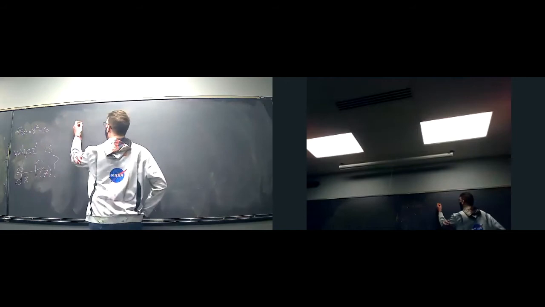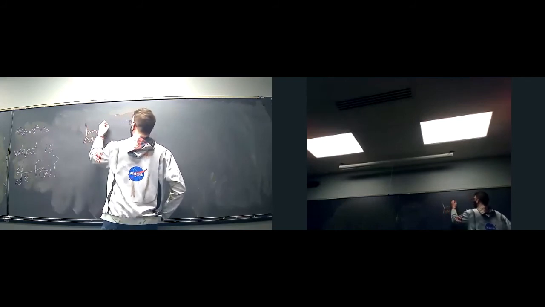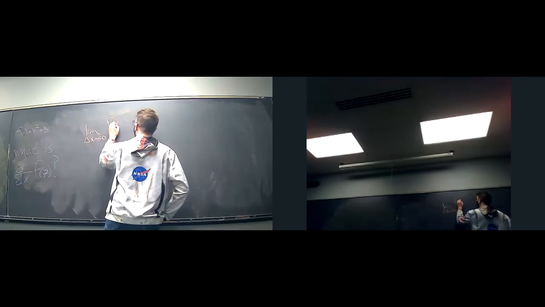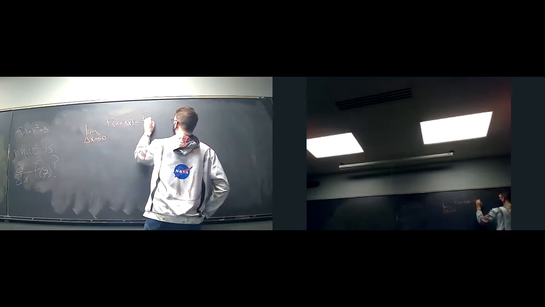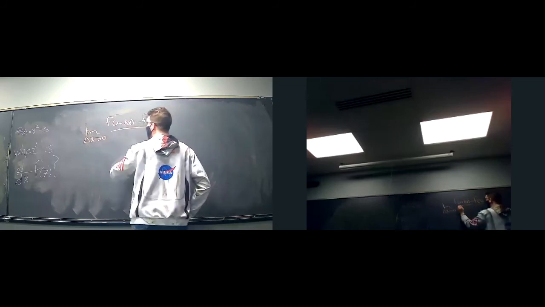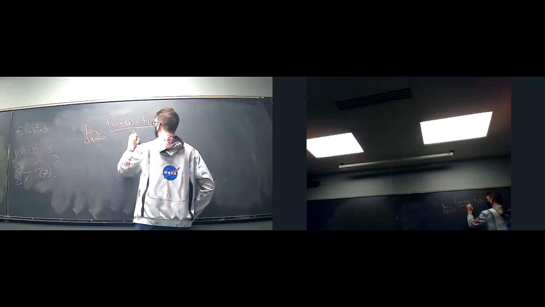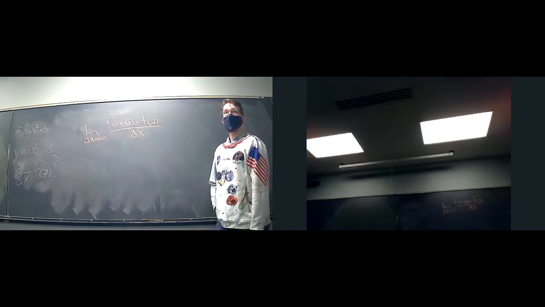So we're going to say the limit as delta x approaches 0 of f of 7 plus delta x minus f of 7 divided by delta x. This looks like it's going to suck, right?